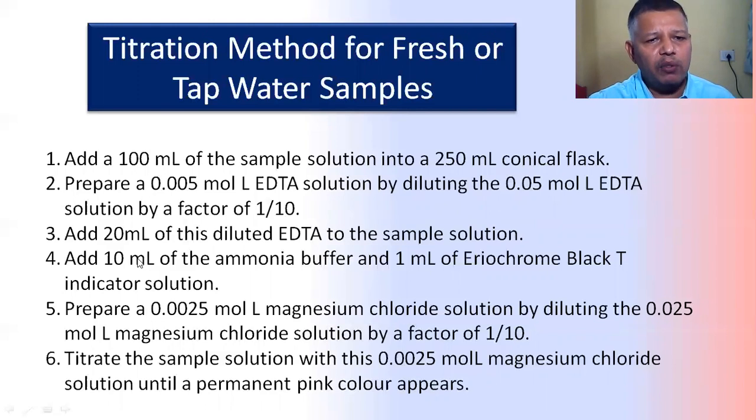Then add 20 ml of the diluted EDTA solution, 10 ml of ammonia buffer, and 1 ml of indicator, and titrate with this solution, and the color changes from blue to pink, or blue to wine red.